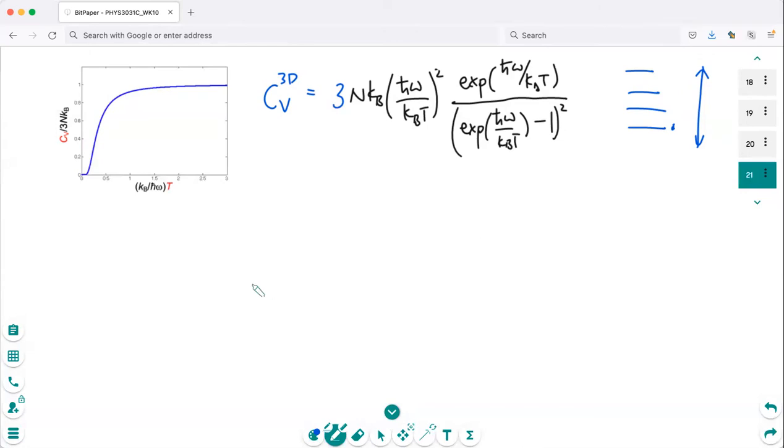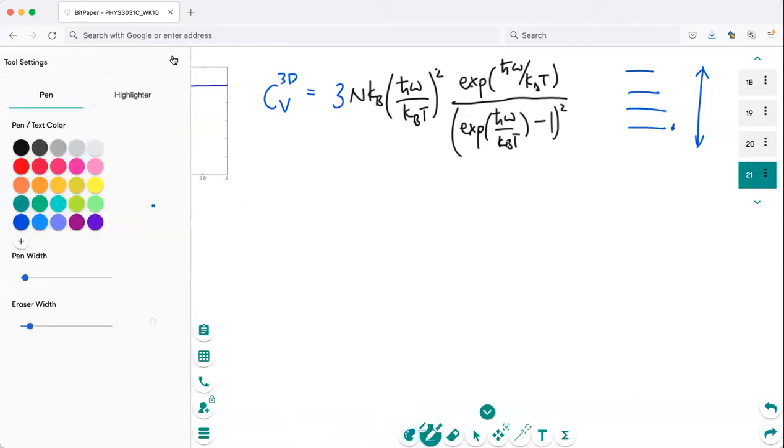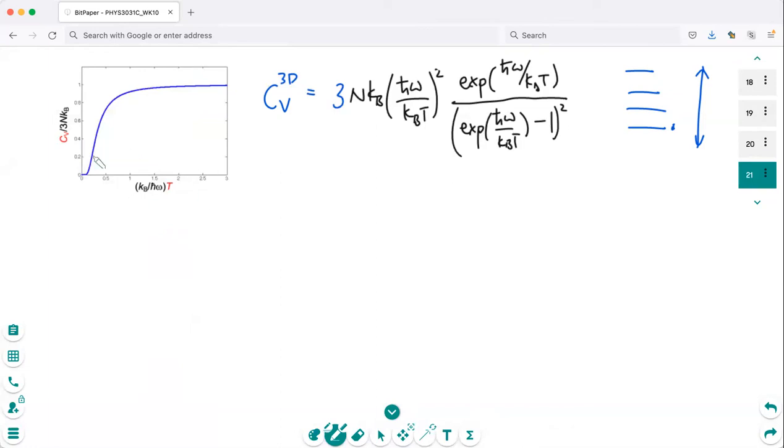Okay, so let's gain a bit more here. So first, let me define a few things for you. Now, this is the Einstein problem. So many textbooks, particularly those from solid-state physics, like to use a subscript E to denote this omega.